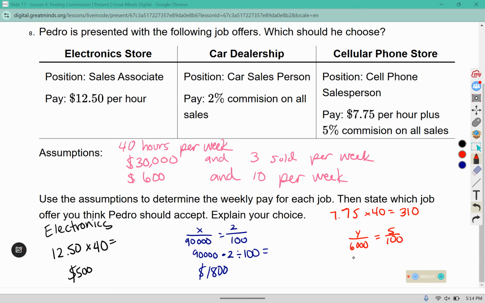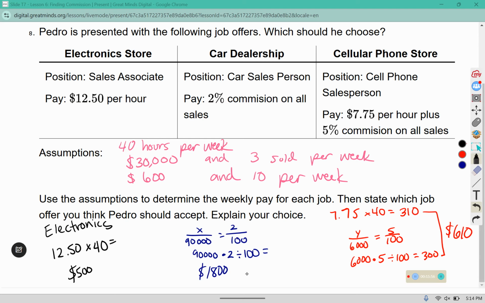So cross multiply, then divide. 6,000 times 5 divided by 100 is 300. So from his hourly rate and his commissions, he's going to earn $610. So which job should he choose?